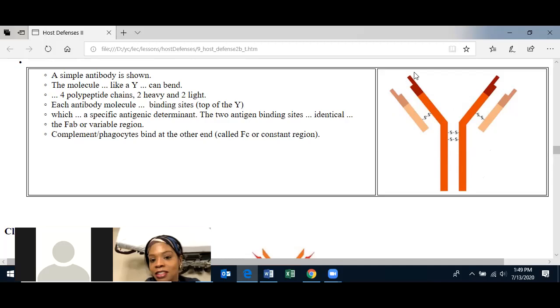This region of the antibody binds to antigens. This region of the antibody binds to the white blood cells, the phagocytes and other white blood cells, as well as this is the region of the antibodies which bind to the complement proteins. Okay? Any question about any of that?